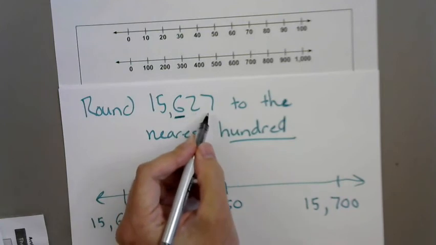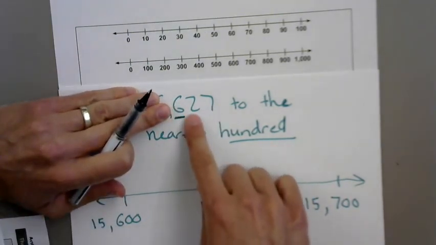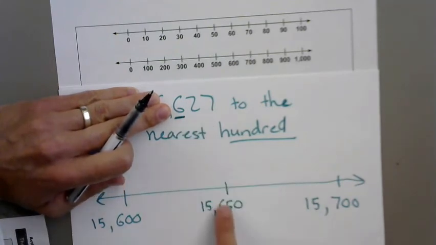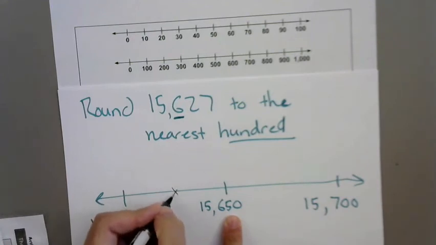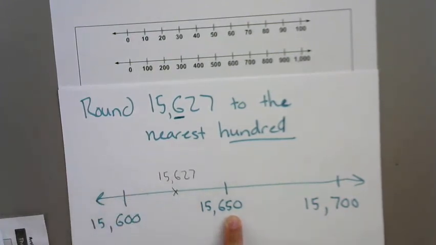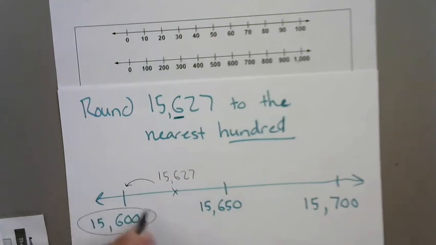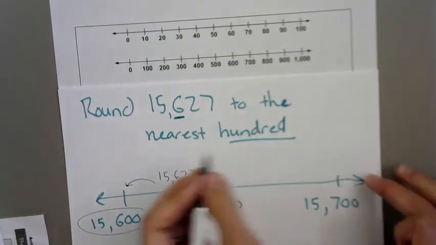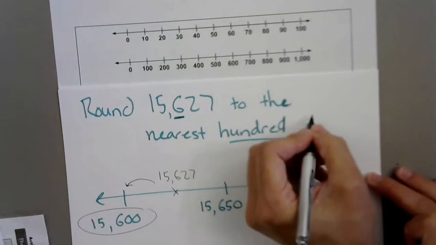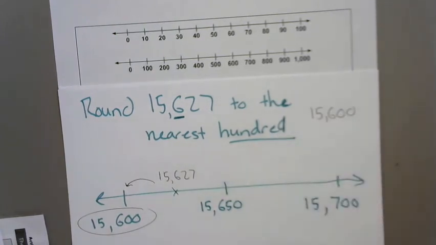And I'm looking at this, if this is just 627, 627 would be in between 600 and 650, about right here. 15,627. So now the number that I'm trying to round is less than the midway point. So I'm going to round down to 15,600. 15,627 to the nearest hundred is 15,600.